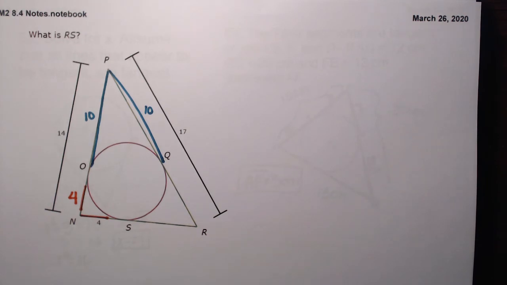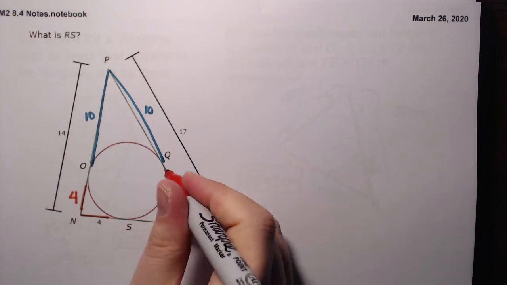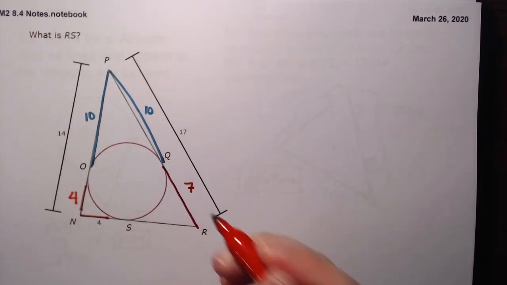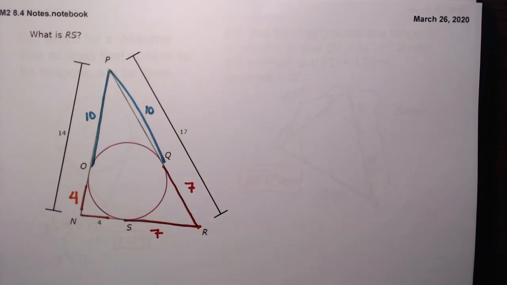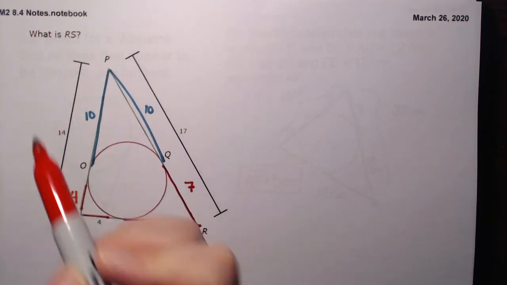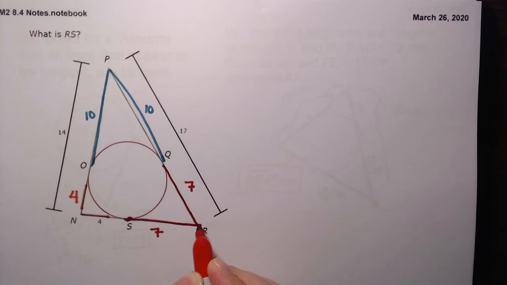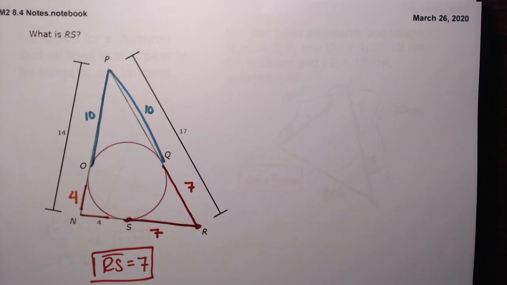If that's 10 and the whole thing's 17, this is 7, which makes that 7. What it's asking for is the length of RS. It didn't give me units, so that's just my answer. And we're done with the 8.4 notes on tangent lines.